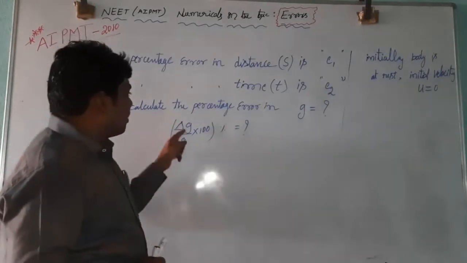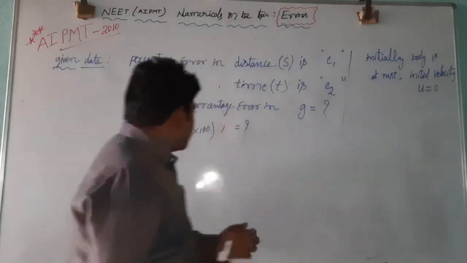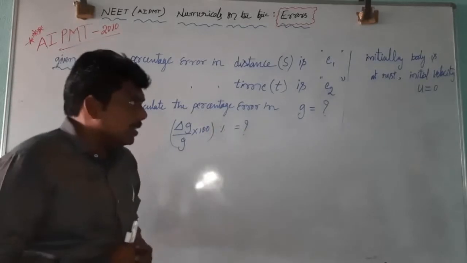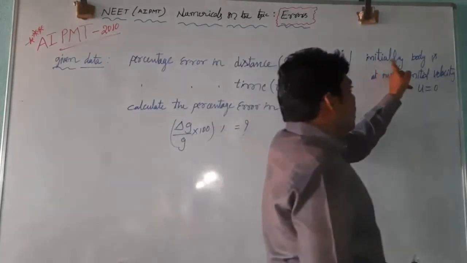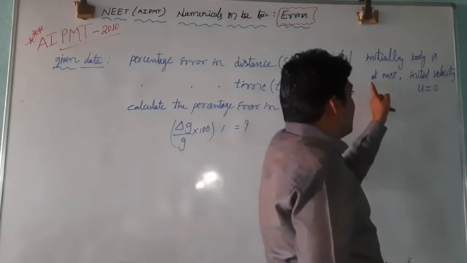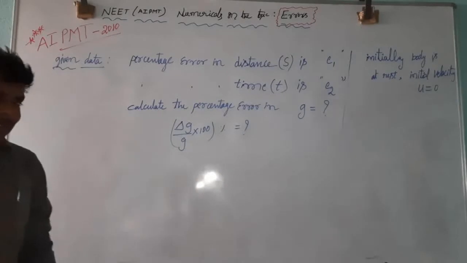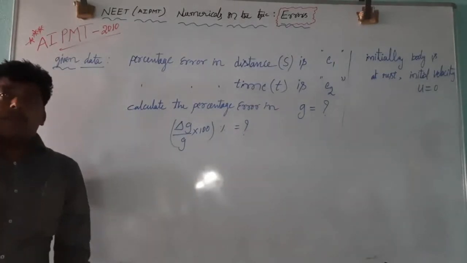Now what you have to calculate in this question? Calculate the percentage error in G. That is nothing but delta G by G into 100% is equal to what? And along with that, initially the body is at rest. If the body is at rest, initial velocity is equal to 0. What is the question? A student has dropped a body from a certain height.